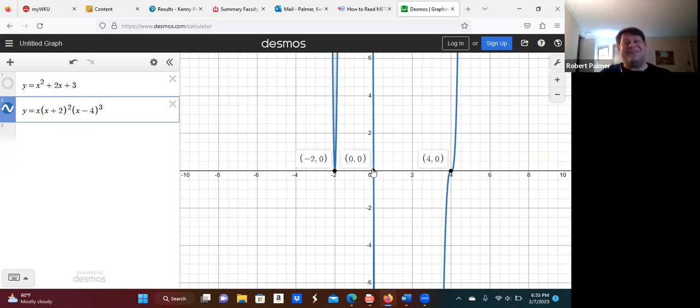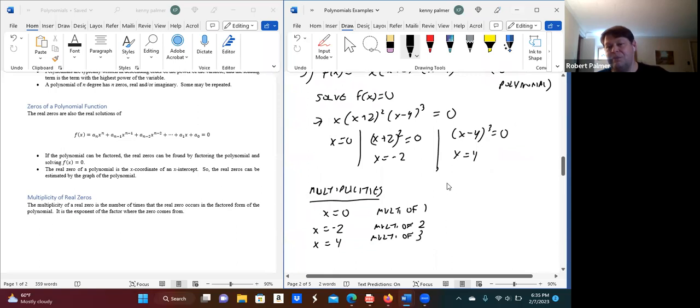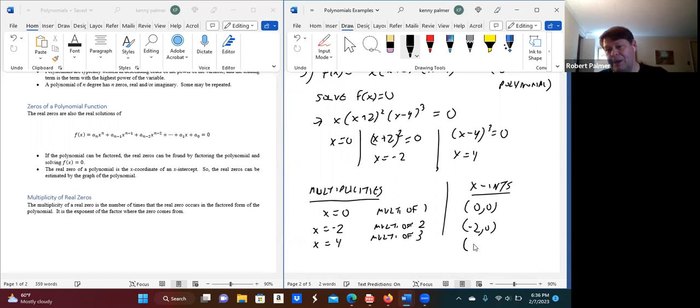So we have 3 distinct zeros, and in this case 3 real x-intercepts, but different multiplicities. So the x-intercepts of this function are the origin (0, 0), (-2, 0), and (4, 0).